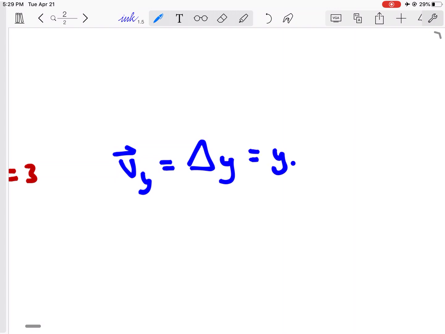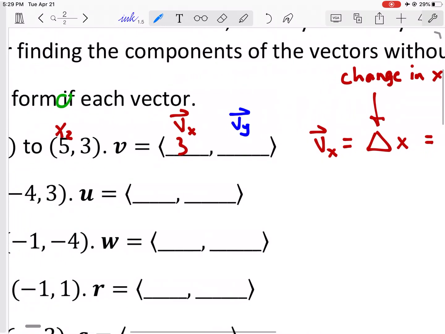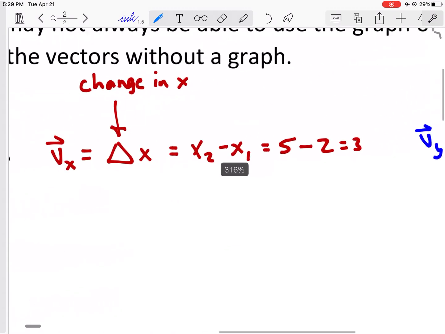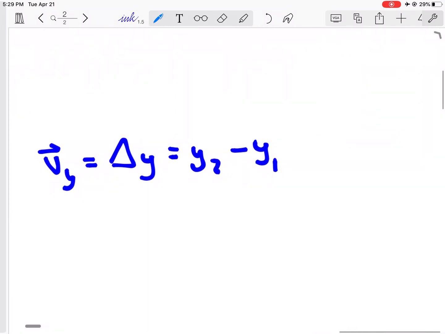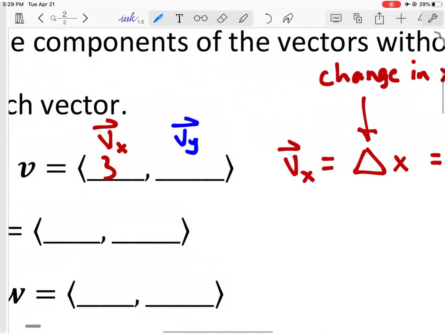It should be y2, the y value of the second point, minus the y value of the first point. y2 is 3, y1 is 1. So to calculate that, it should be 3 minus 1, which is 2. So the vertical component is 2.